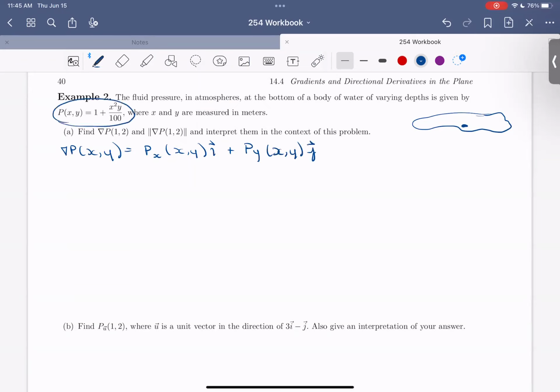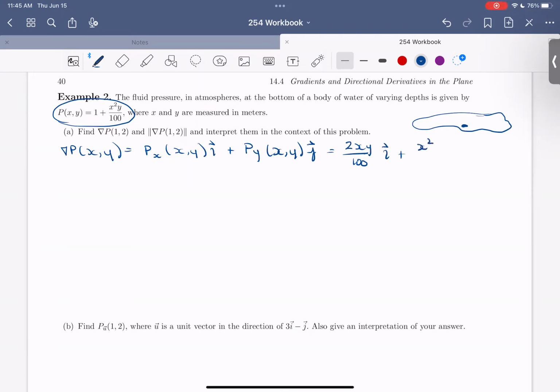Okay, so we can go ahead and compute these. So here's our function p. We can first compute the partial derivative with respect to x. So we're treating y just like a constant. That would just give us 2xy over 100, and then we're going to include that i component. Plus now the partial derivative with respect to y. So now x is just a constant.